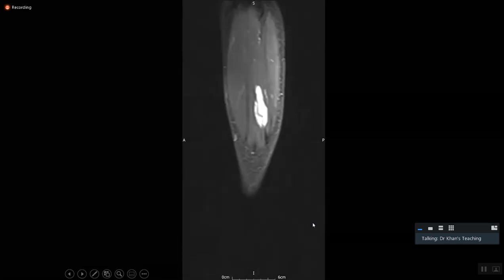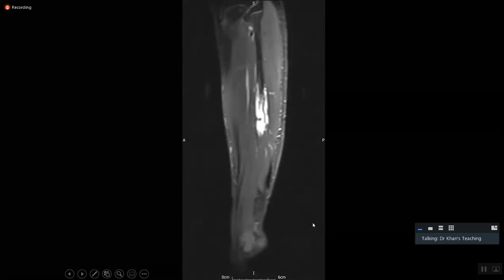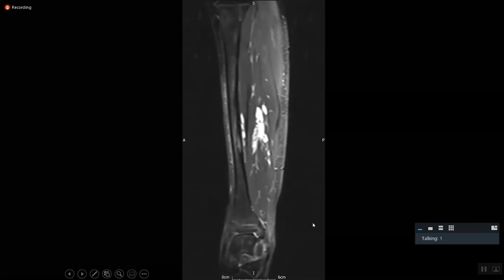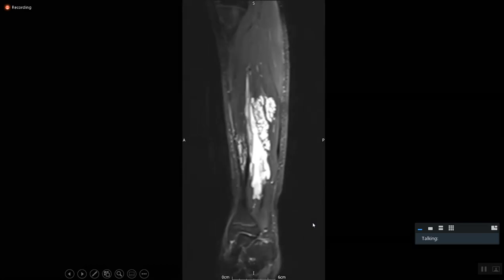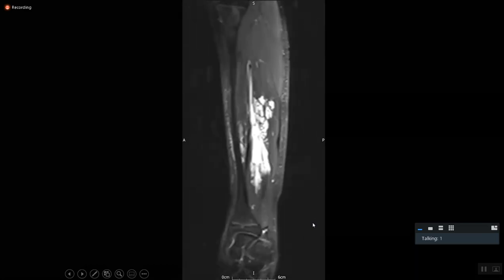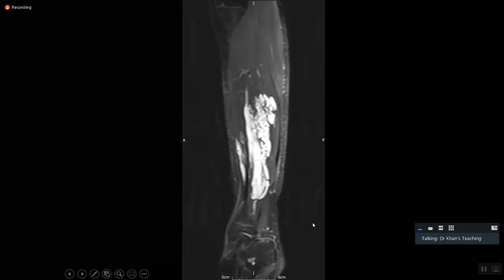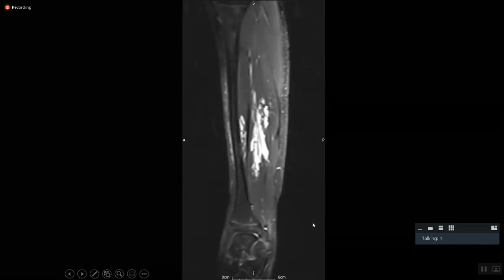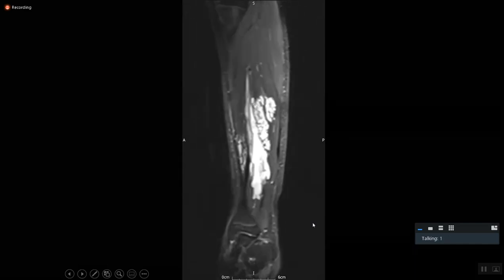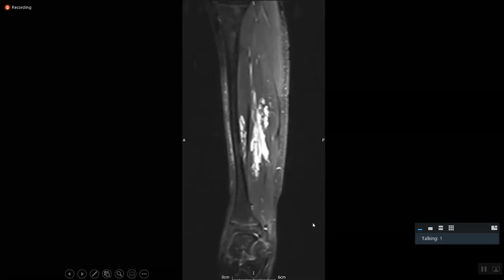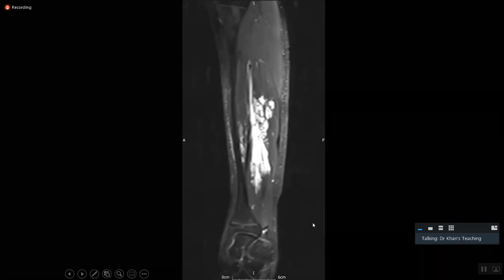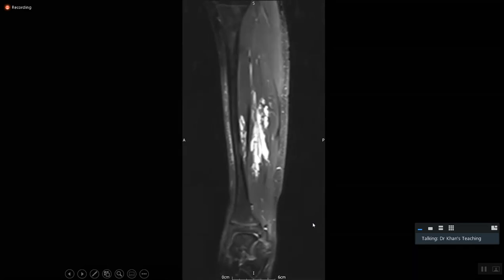Okay. So on this series, can you describe your findings? Yeah. So posteriorly there's multiple... What is the sequence? This is a fat suppressed sequence. It's a STIR sequence. Please continue.